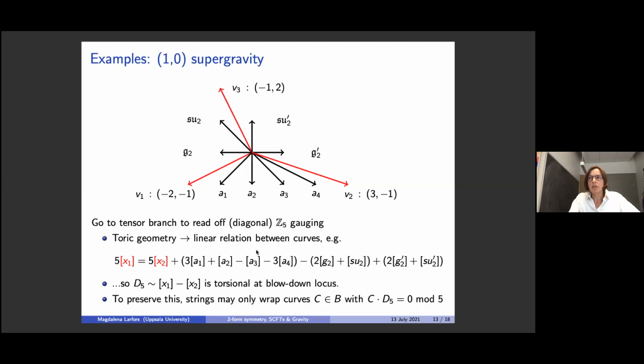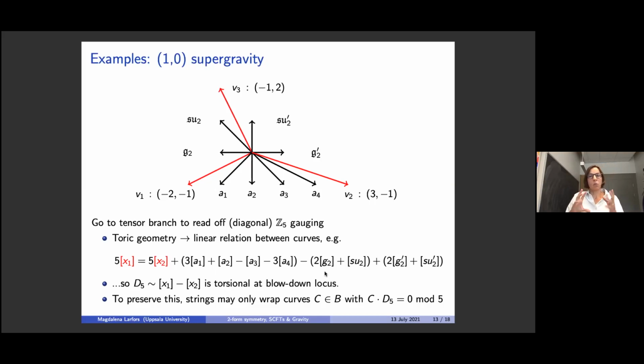One such relation is shown here, where we see that the original divisors that I started with, which correspond to the vertices V1, V2, and V3, have a relation with a 5 in it. So 5 times the x1 divisor minus the x2 divisor is given by a sum of resolution divisors. As I go to the point where I blow down all of these exceptional divisors, this will become a torsional element.